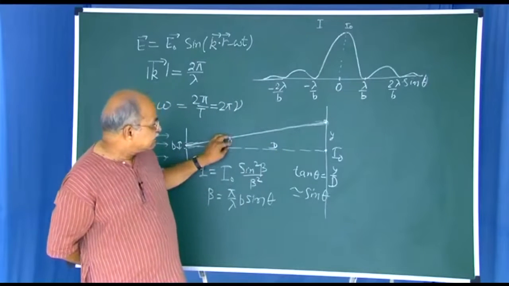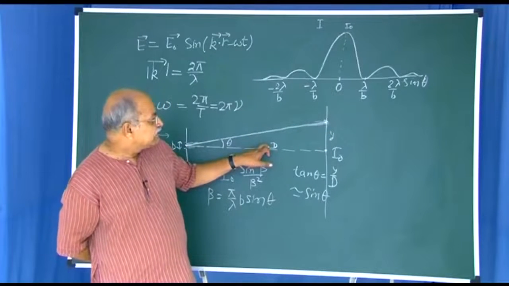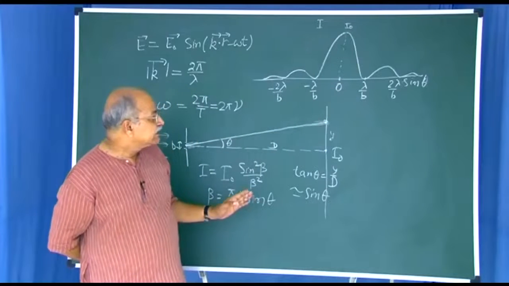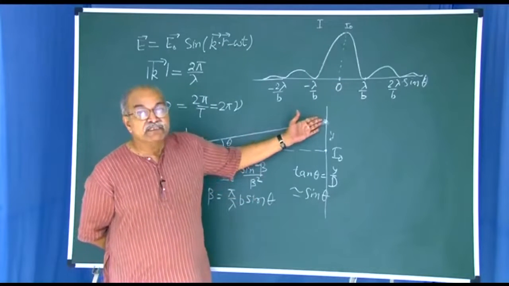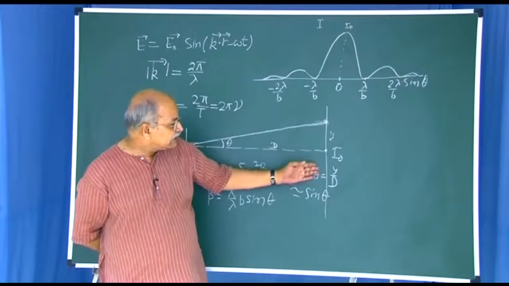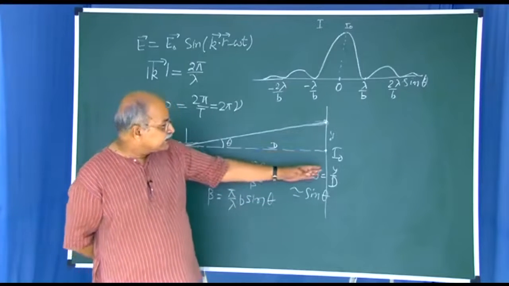So, when this sine theta, which is almost tan theta, which is small y by capital D, is equal to lambda by b, then the intensity there will become 0. On the other side also, when this sine theta becomes lambda by b, on the other side the intensity is 0.